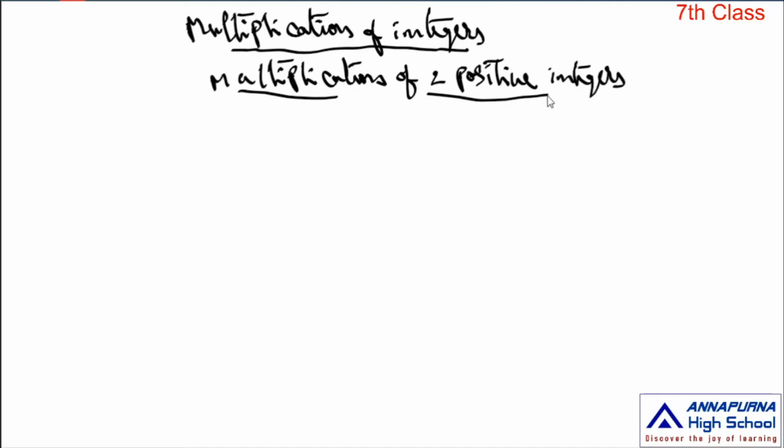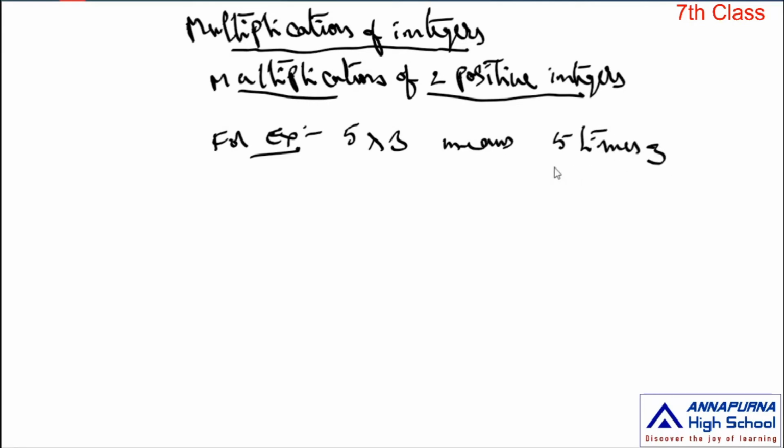Multiplication of two positive integers. For example, take 5 and 3. 5 into 3. What does it mean? 5 into 3 means 5 times 3.